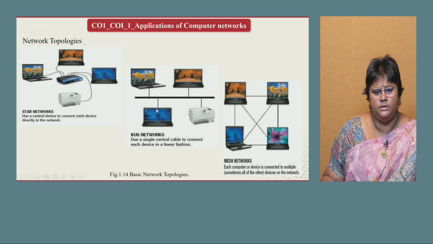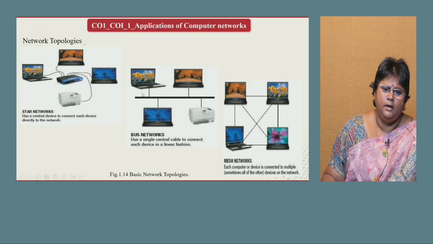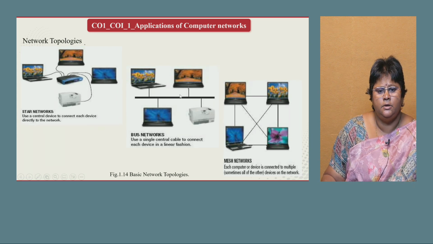And the next one is the bus network. This we usually find in our laboratories, where there is a single line of Ethernet cable, and many other devices are connected to that. Here, wherever the cable is disrupted, let us suppose, look at the cursor on the board, if there is a disruption here in this cable, the communication will be stopped beyond this disruption.